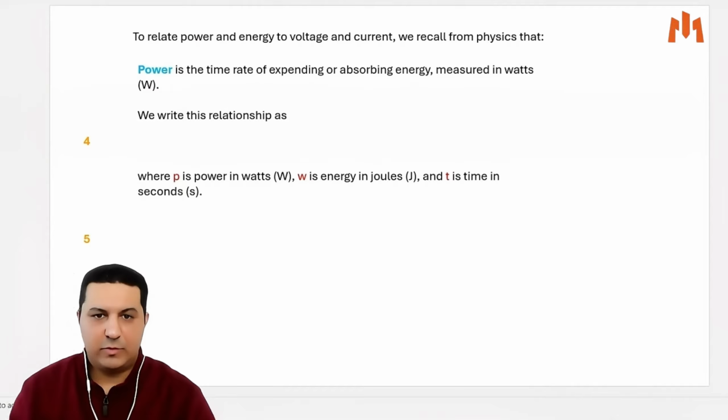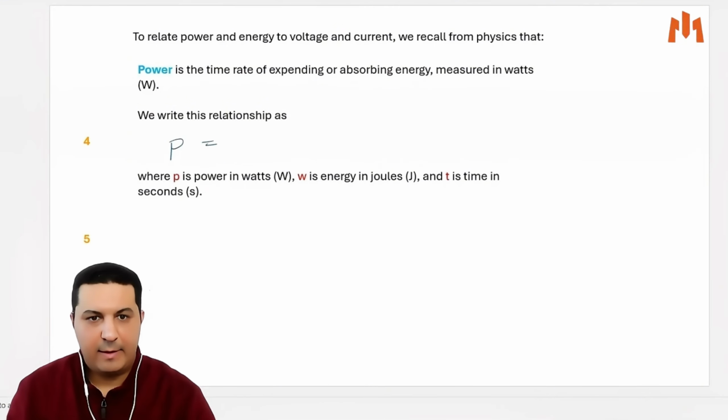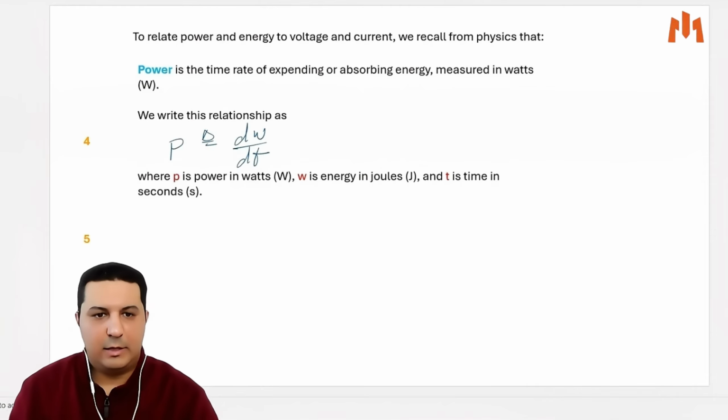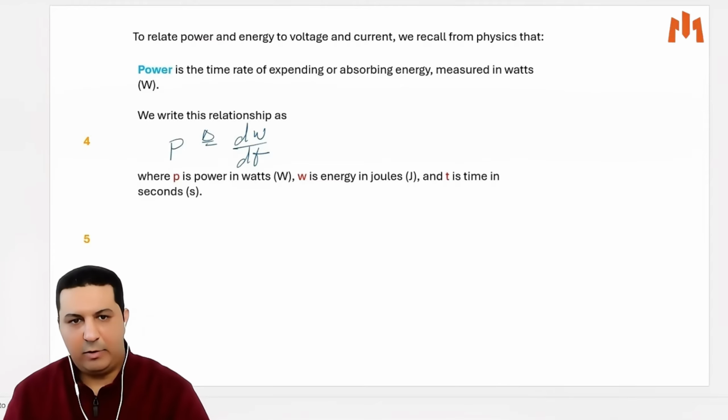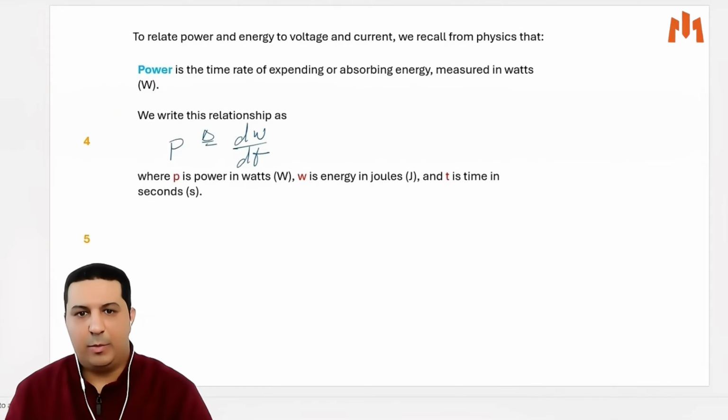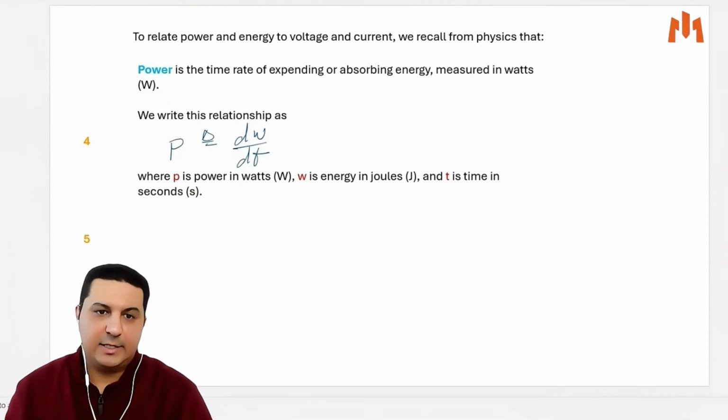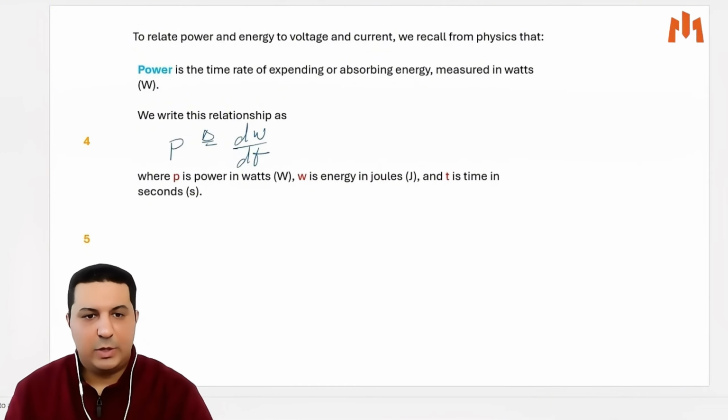We write this relationship as P, which can be defined as the differential of work divided by dt, where P is the power in watts, W is energy in joules, and t is the time in seconds. But we can develop it.